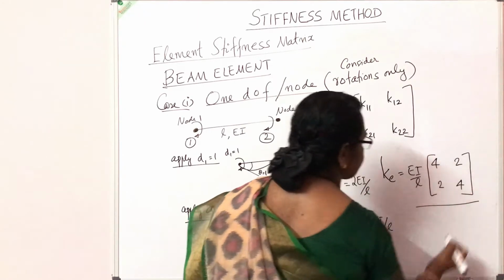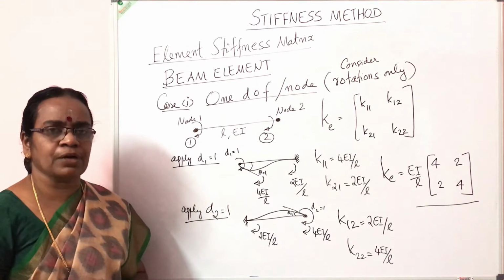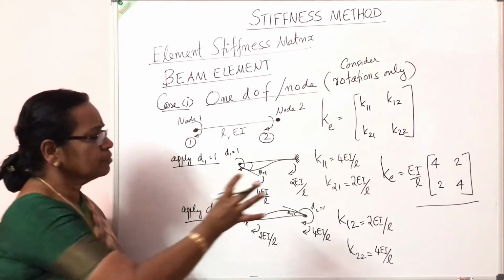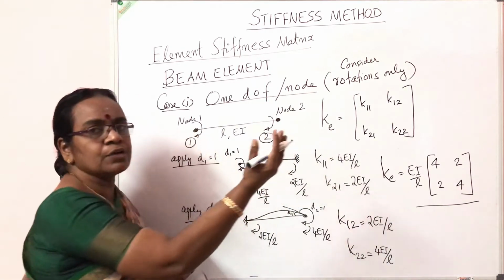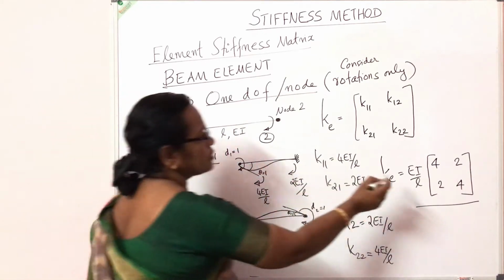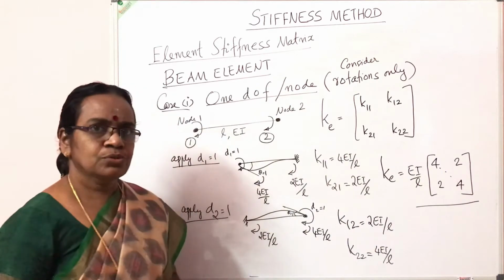So this is an expression for the element stiffness matrix for a beam element where there are only rotational degrees of freedom. This we have to always remember while doing the numerical examples. It is a symmetric matrix, EI by L into 4, 2, 2, 4.